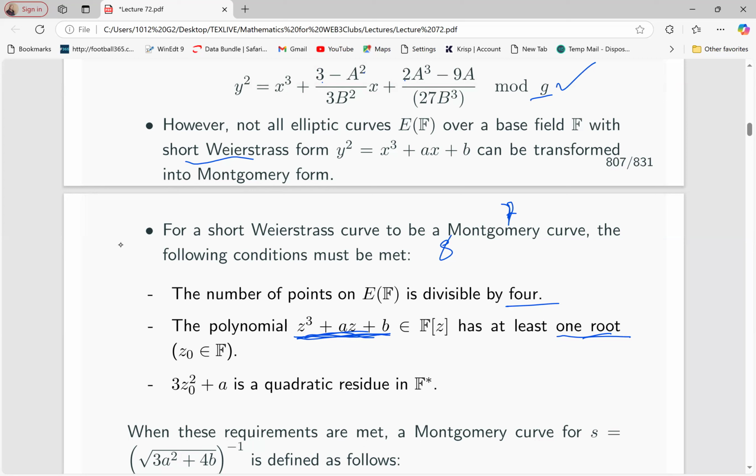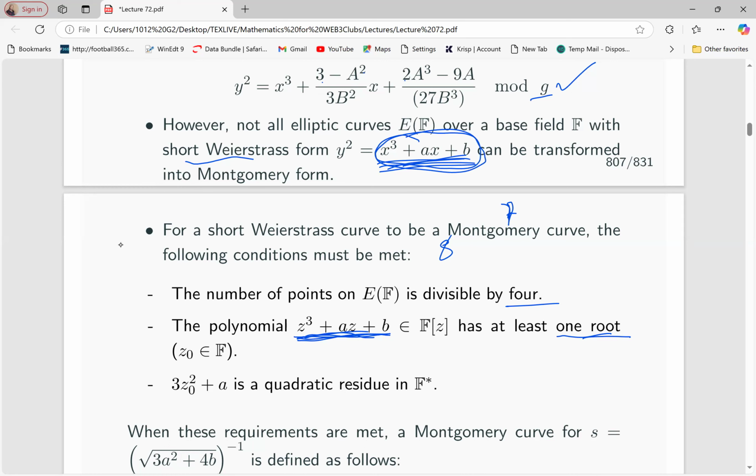Where am I getting this from? It's just this. So I'm just saying that my root is Z, for instance. This cubic equation should have at least one root.